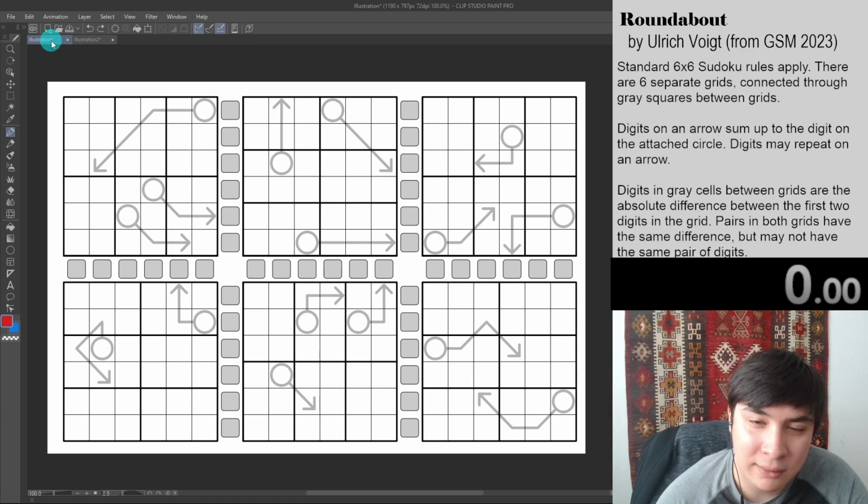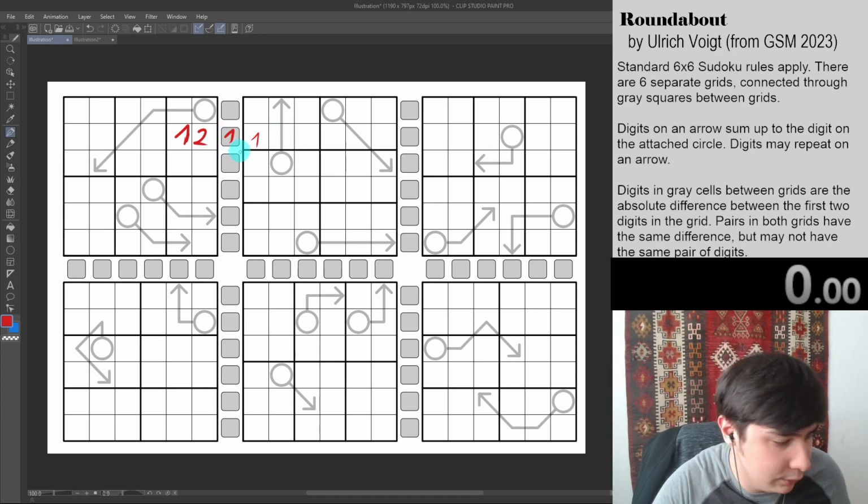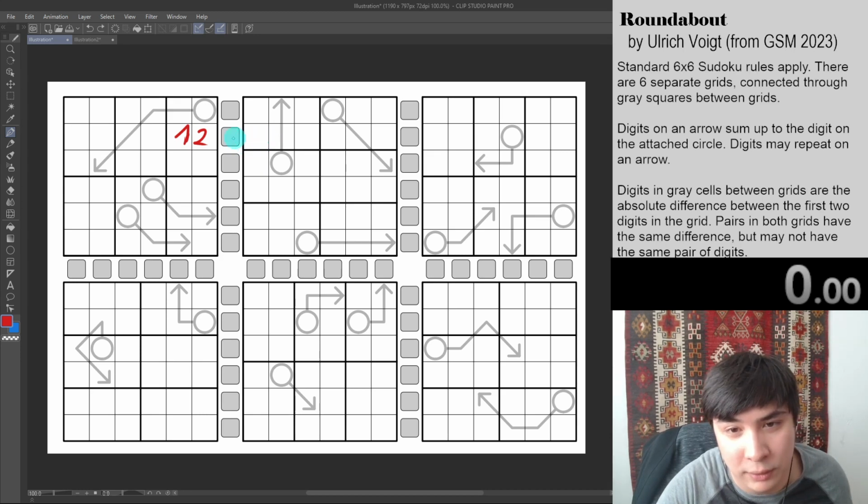So some things that we discovered were that, first of all, if there is a 1, say here, let's say it's a 1 and a 2, and the difference is 1. Can we have a 1 on the other side of a 1 ever? We can't, because with the same difference, it would resolve to the same pair. So if there's a 1 on one side, then there's no 1 on the other side.